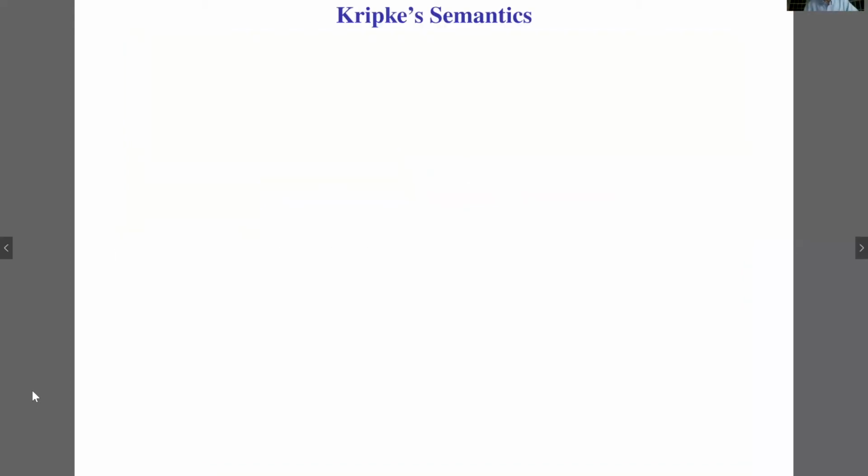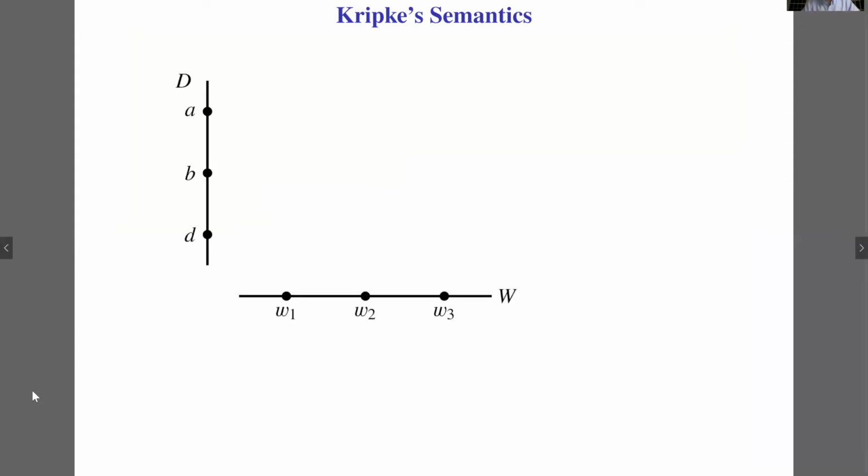So here's Kripke's semantics, a very brief sketch of how it works. In Kripke's semantics for quantified modal logic, you have a set of possible worlds down here, and the set of possible individuals up here.